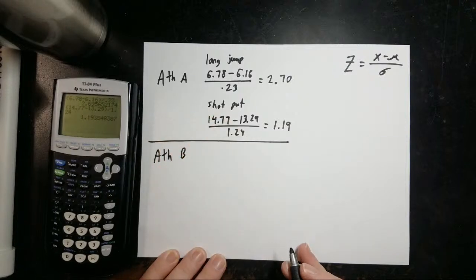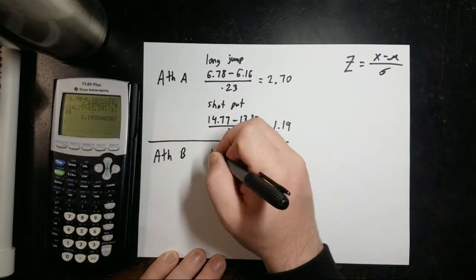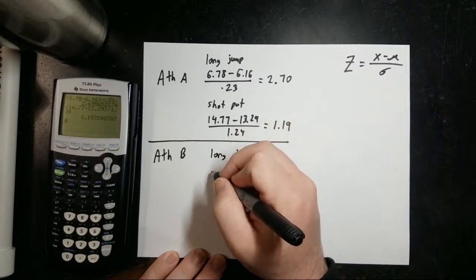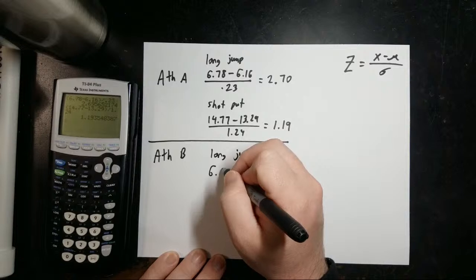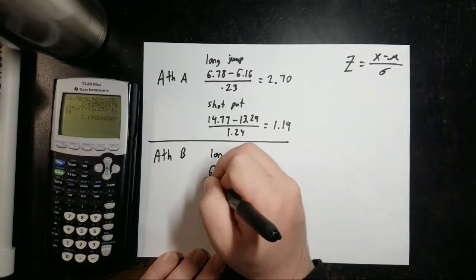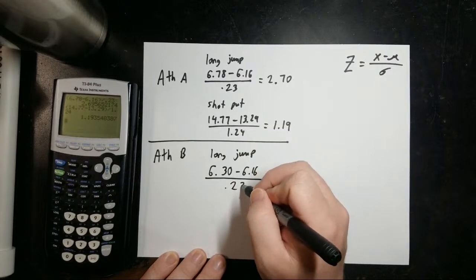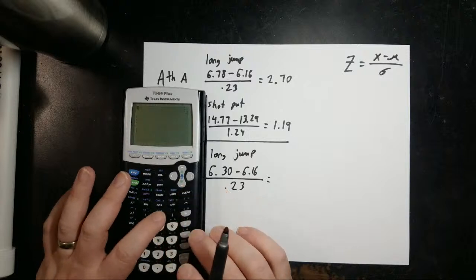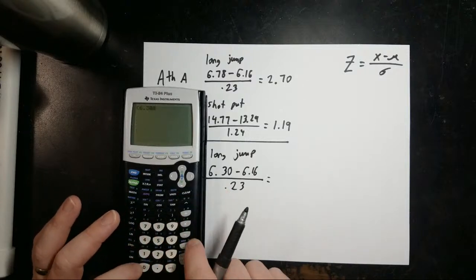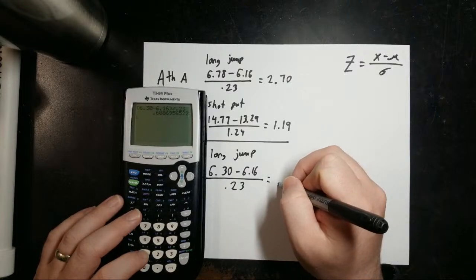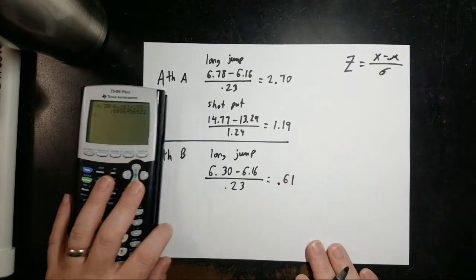Let's look at athlete B. Athlete B, for the long jump, jumped 6.3 meters minus the average. Now, obviously, they did not jump as far as athlete A, so they would have a smaller z-score. They have a z-score of approximately 0.61.